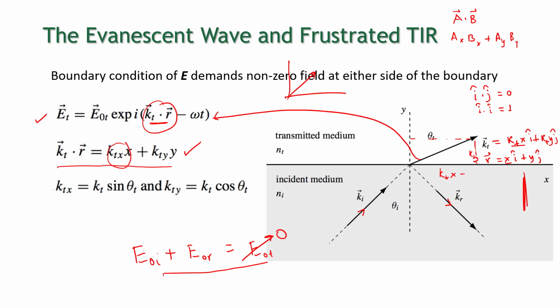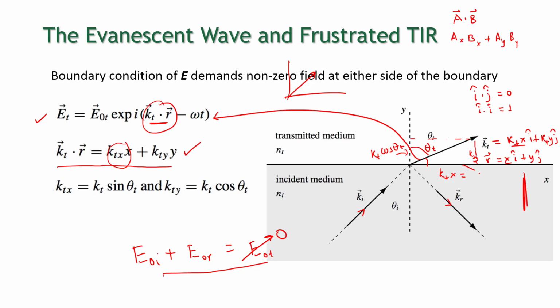So, that means if this is angle theta t, then this side would be KT cosine theta t.